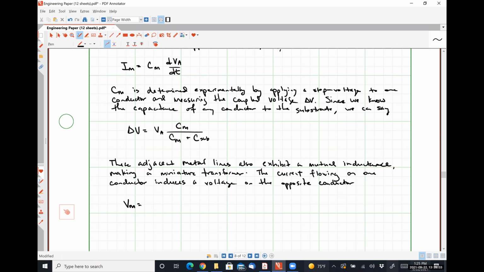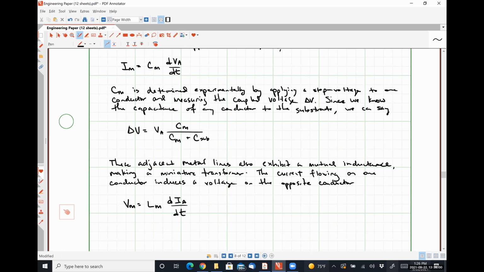Vm, the coupled voltage, is equal to Lm times the derivative of the applied current with respect to time. So it's almost the exact same relationship between the two things, where Lm is determined by injecting current and measuring voltage, so the backwards thing.